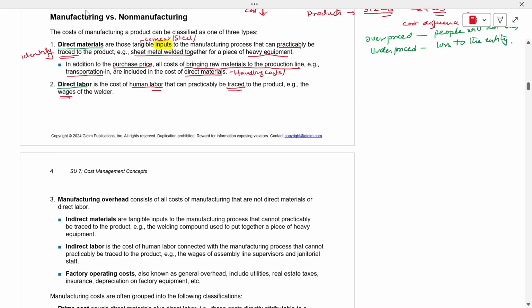Because wages are for a particular job. You want to construct a house, you get people who can work for that particular job. They will do the task and they will go. Whereas indirect means salaries. They are not doing the job for only one specific activity. They are doing the job for the entire business activity.